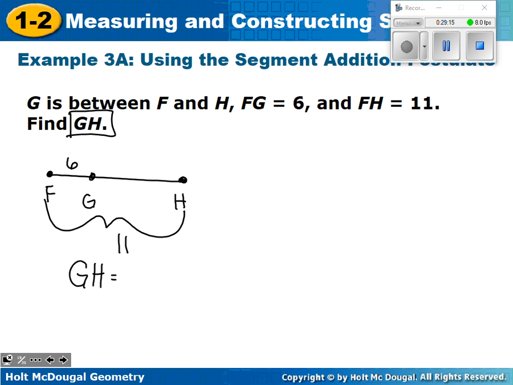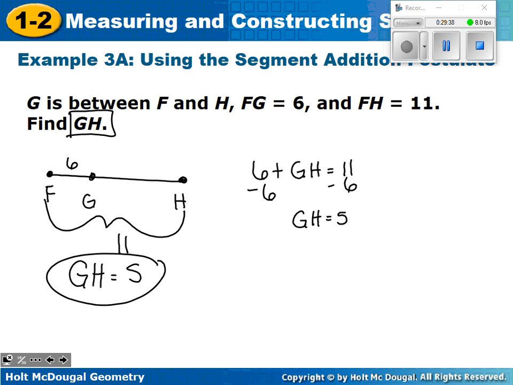You do not have to, but you could write it out, call this GH, and say 6 plus GH should equal 11. And then that tells you to subtract 6 to solve for GH, if you're confused. But you could just do that mental math and say it's got to be 5. Does that make sense?